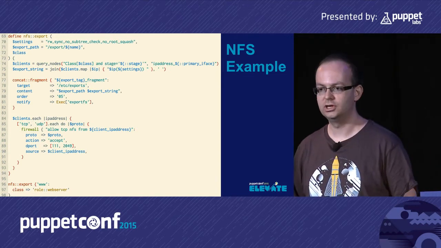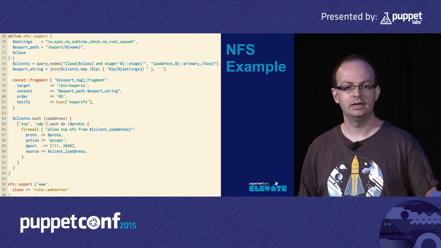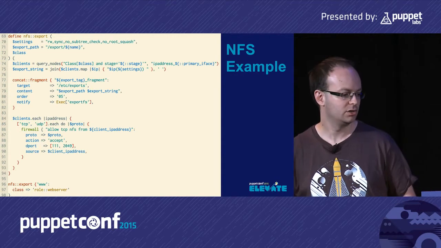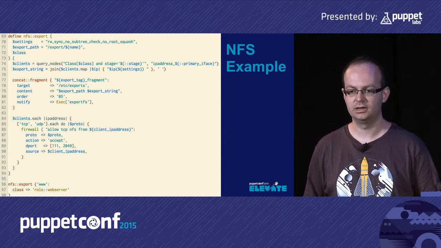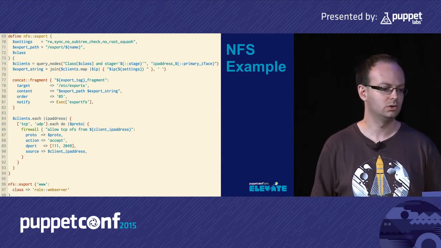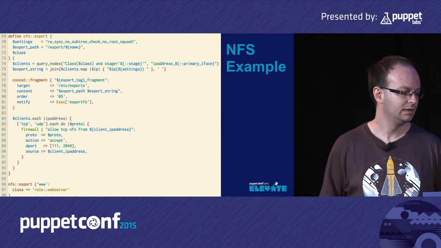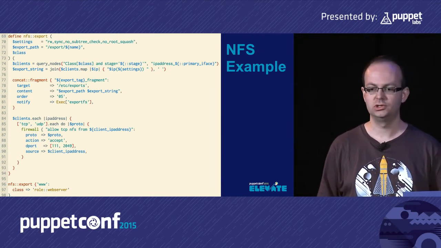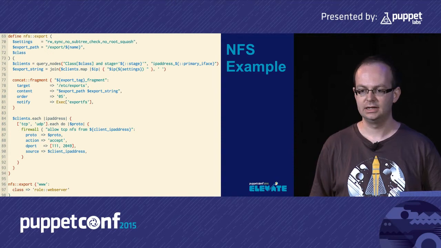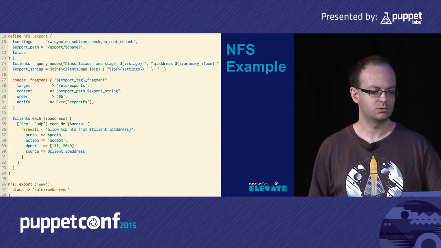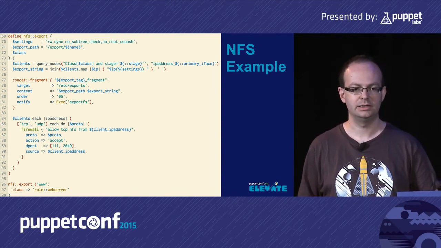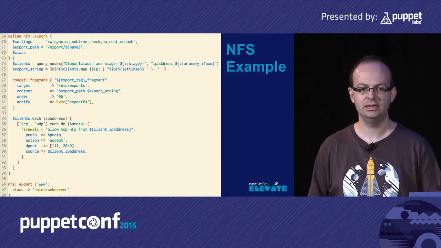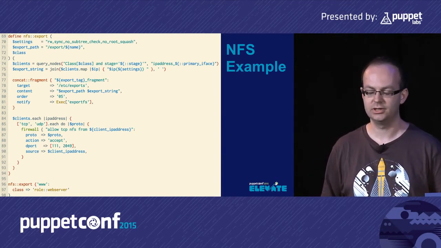So this does a PuppetDB query, and it finds those nodes. It generates the export, the /exports file, or adds a concat for that, and adds a firewall rule so that that host can get through. And you can use this without really thinking very much in a very declarative way, and PuppetDB discovers everything for you.